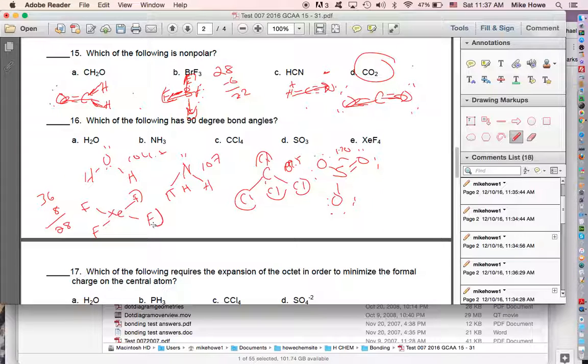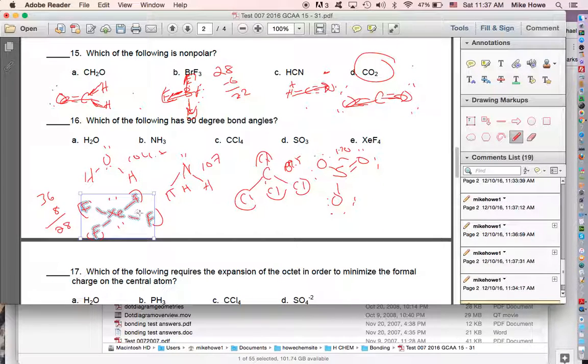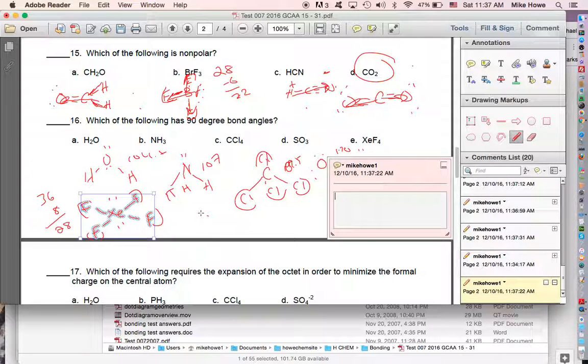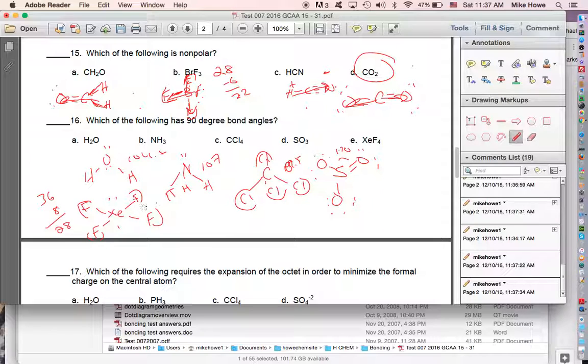So you put 6 here, and 6 here, and 6 here, and 6 here, and that makes all the fluorines have 8. You have 4 more electrons to put in, and they have to go around the center. So it becomes a square planar, and this angle right here is 90 degrees. So right here. Sorry for my drawing of 90 degrees, but anyway, that's a 90-degree angle right there.